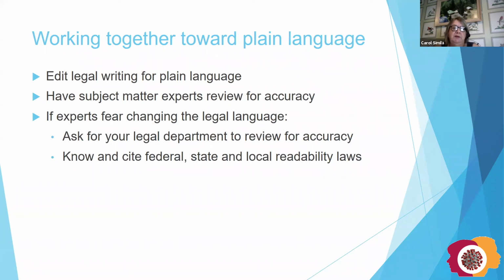Have subject matter experts review documents for accuracy. Accuracy, of course, is extremely important. That's one of the main reasons why we review materials, is to make sure they're accurate. If experts fear changing the legal language, ask your legal department to review for accuracy. You can make them a partner of yours, and be sure to know and cite your federal, state, and local readability laws.